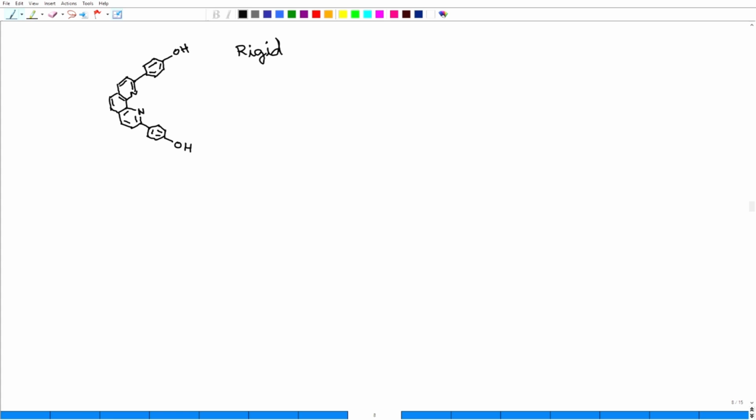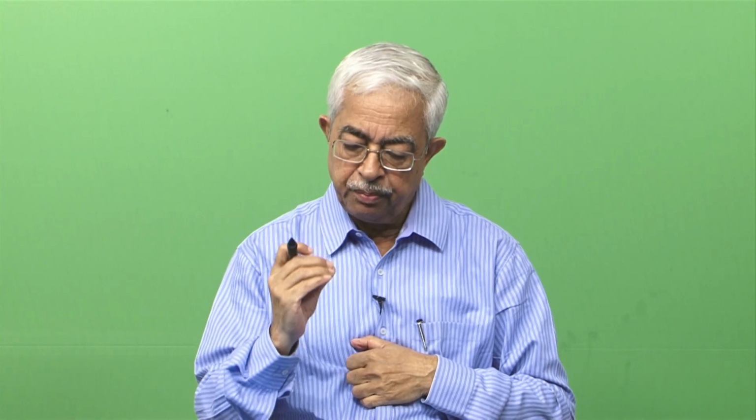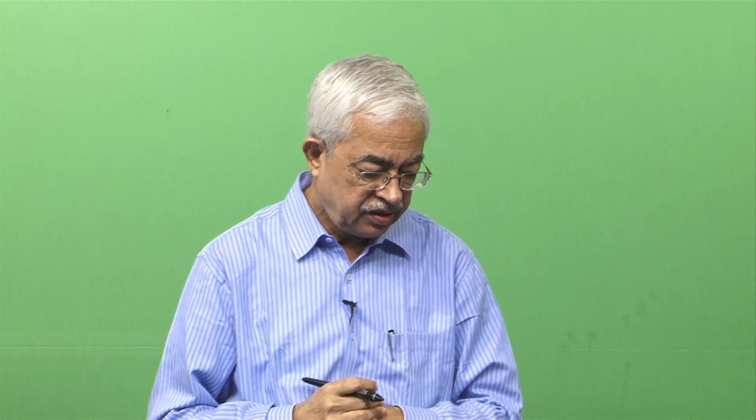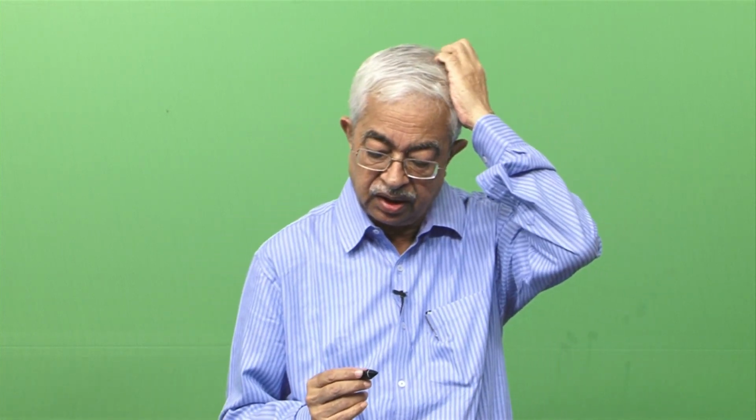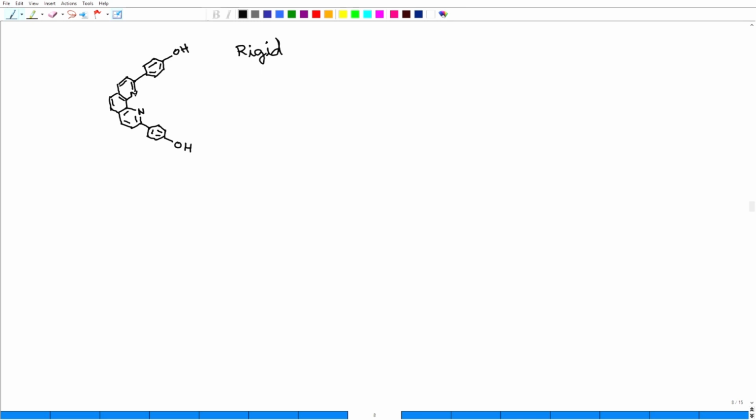If it is flexible, these two arms will go here and there and we may not be able to isolate the catenane. So, point number 1, we have to take a rigid structure, and in the middle of the rigid structure here we have 2 nitrogens that can coordinate a transition metal ion.